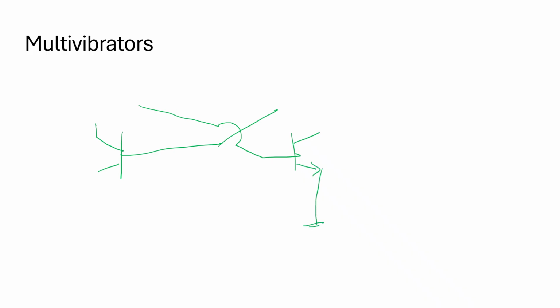In the following video, we are going to discuss the first kind of multivibrator, the astable multivibrator. So we have two transistors connected back to back in this manner with their emitters grounded in this manner.